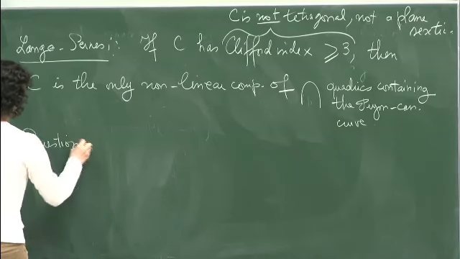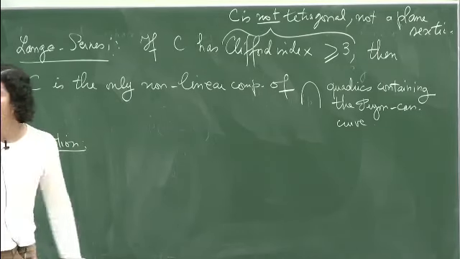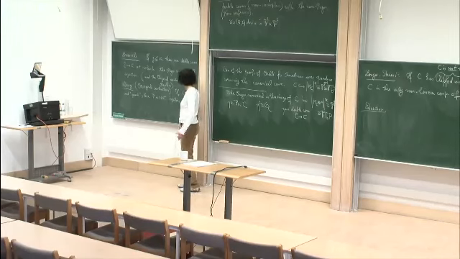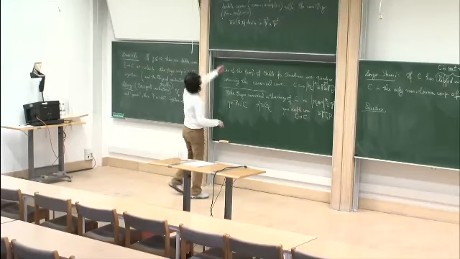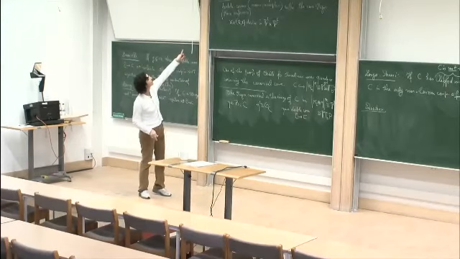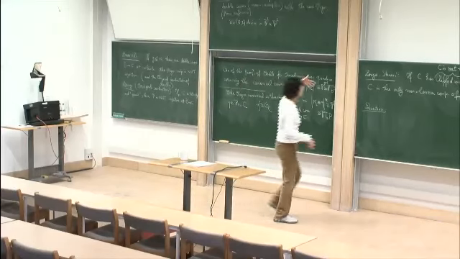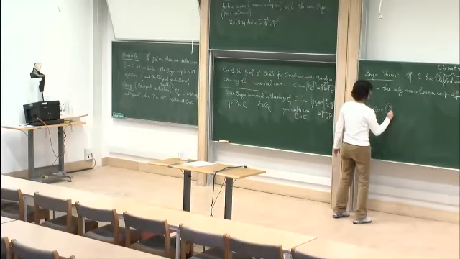So it was a very natural question to ask: could one just edit Donagi's conjecture and say, instead of saying that C is tetragonal, can we just say C has Clifford index at most 2?